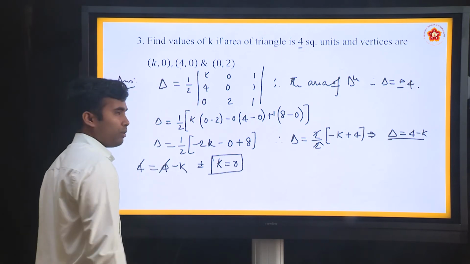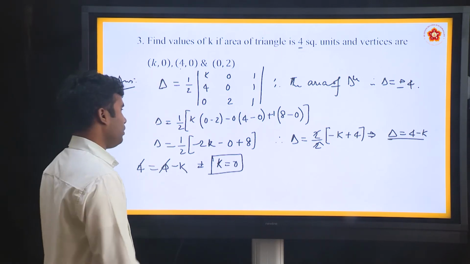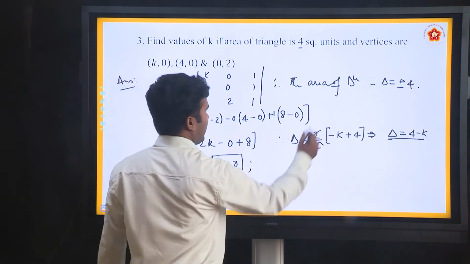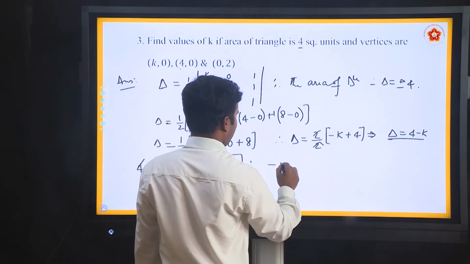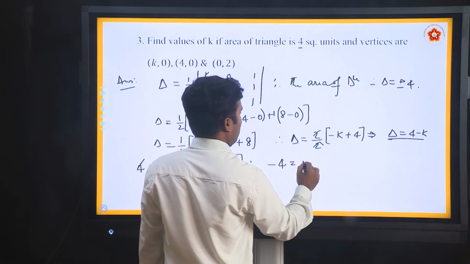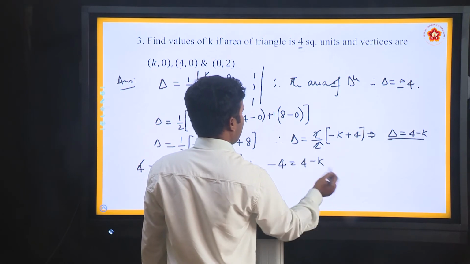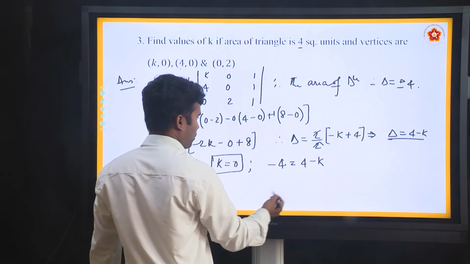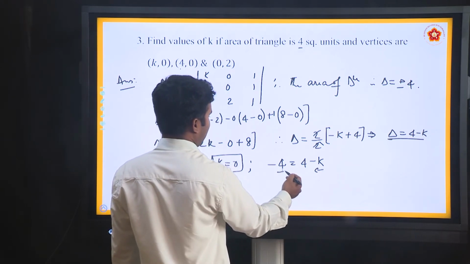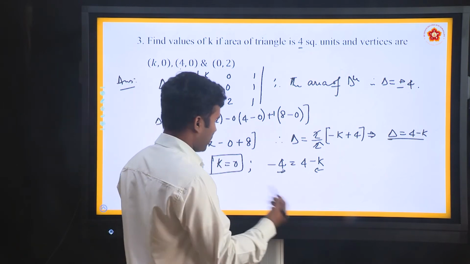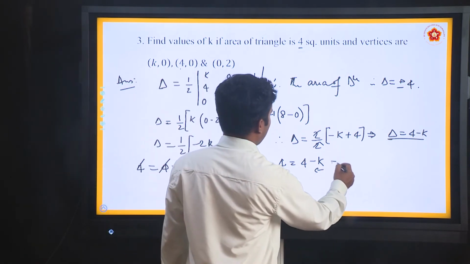This is one of the values for k, and for the other value I can take delta as minus 4 in this equation: minus 4 is equal to 4 minus k. If you simplify this, you can send this minus k to this side and send minus 4 to the other side.